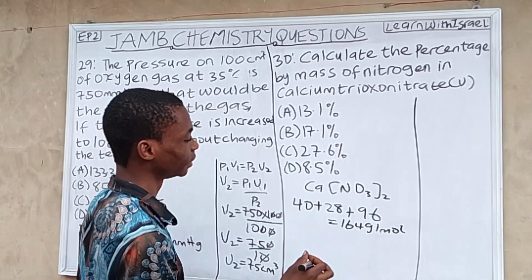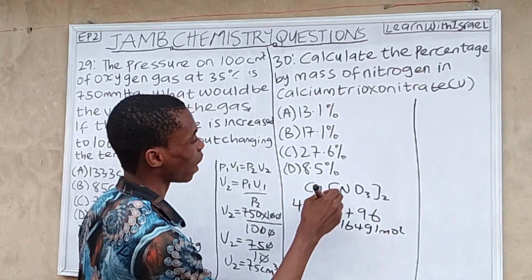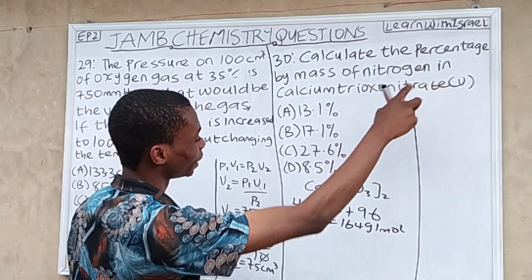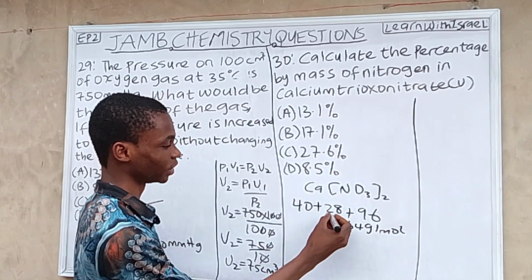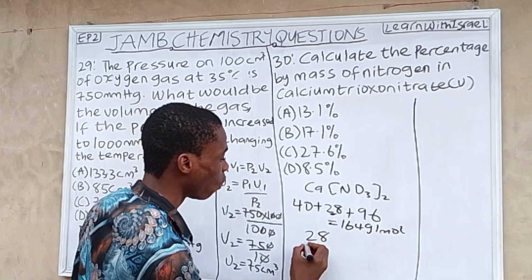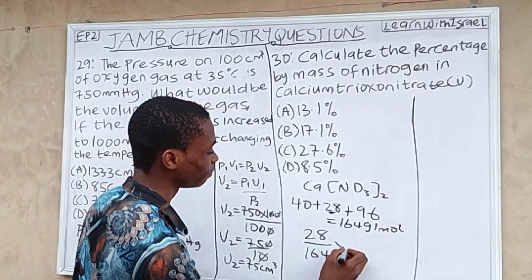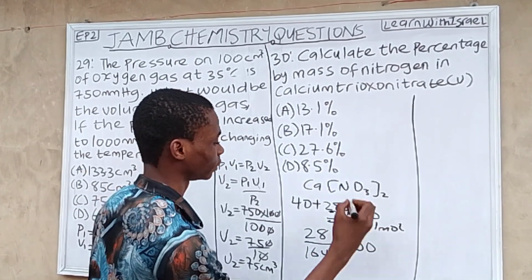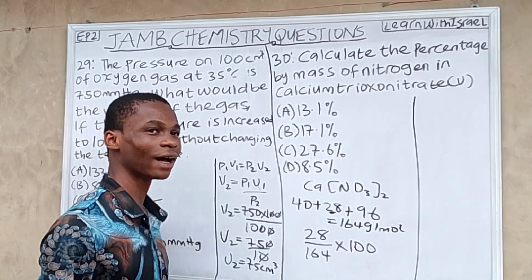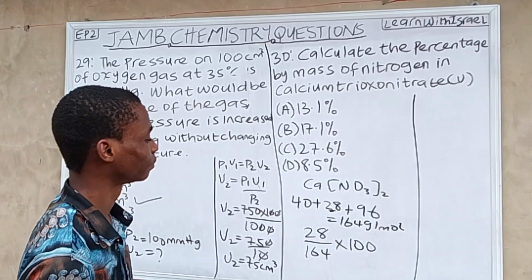To get our percentage, we will divide our mass of nitrogen. What's the mass of nitrogen? 28. Over the answer we got here, our molar mass, 164, multiplied by 100. Multiply by 100 because we have to get our answer in percentage.